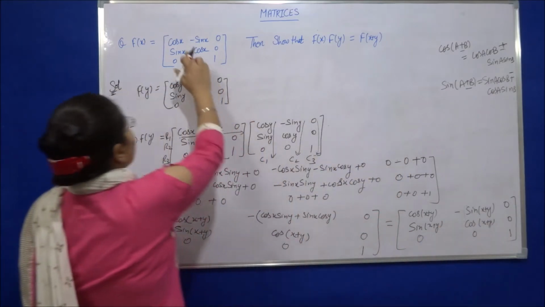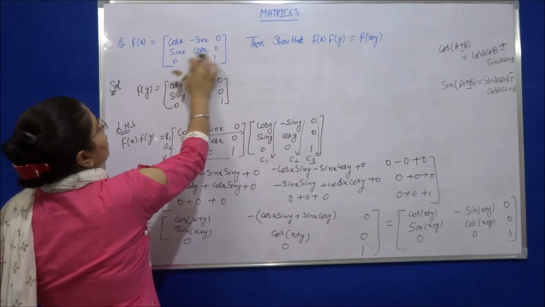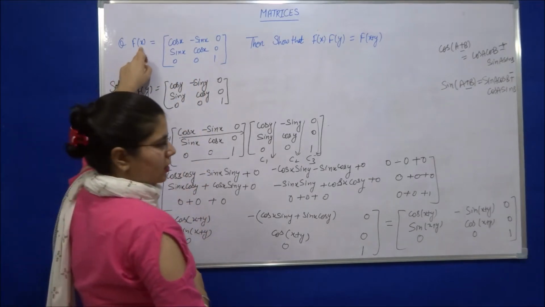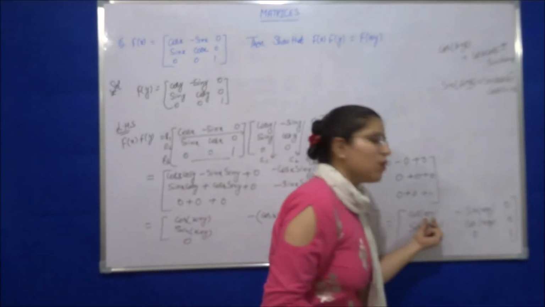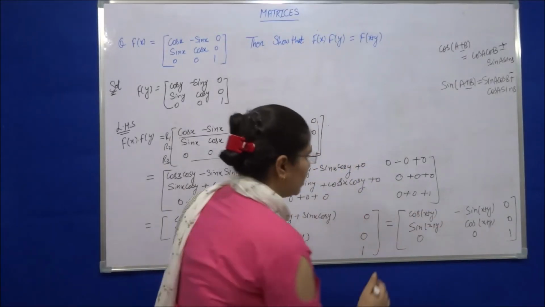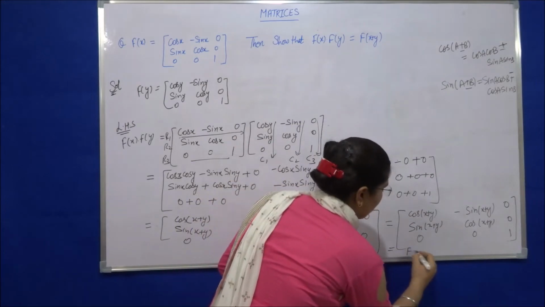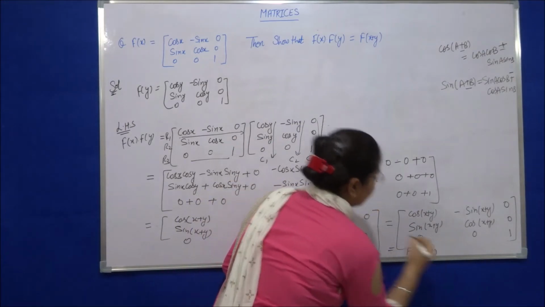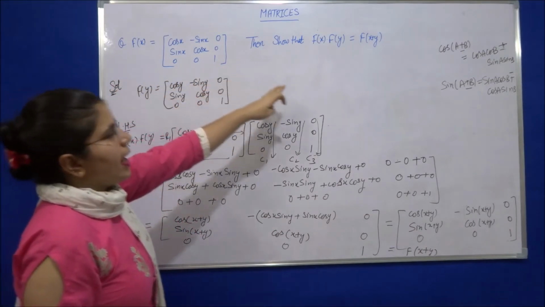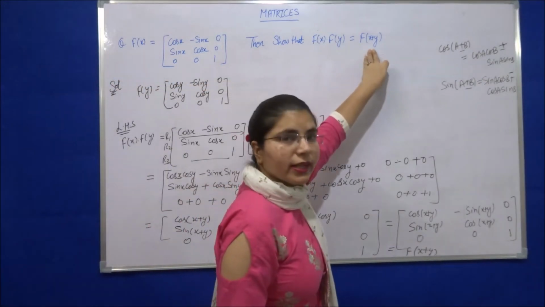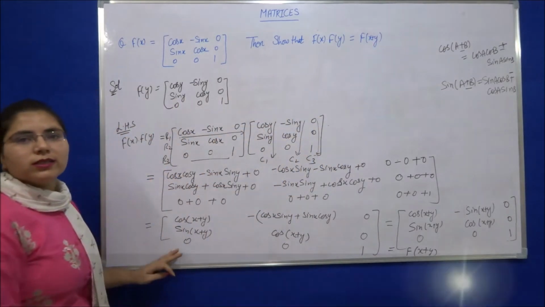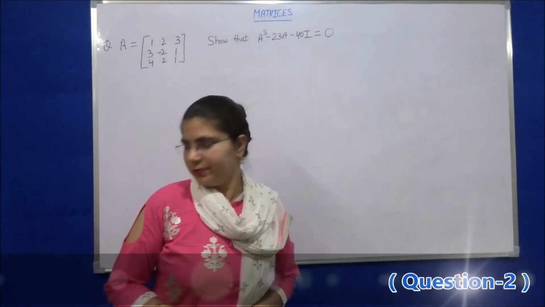Now if x was present everywhere in the matrix, then it was f of x. If instead of x, x plus y is present, that means this is equal to f of x plus y. So we started from the left hand side and approached the right hand side. That's why we have shown the result. Let's do the next question.